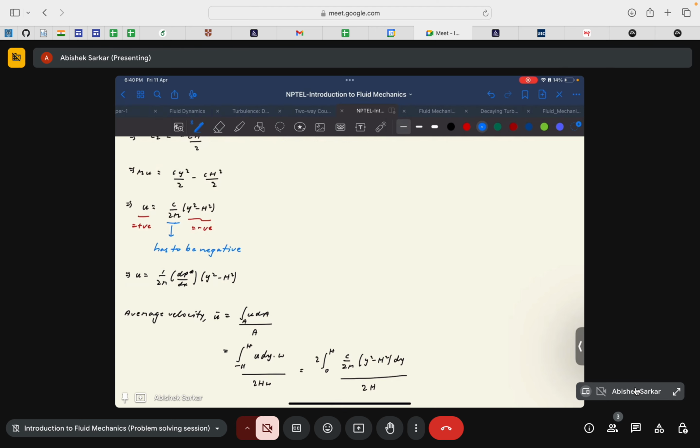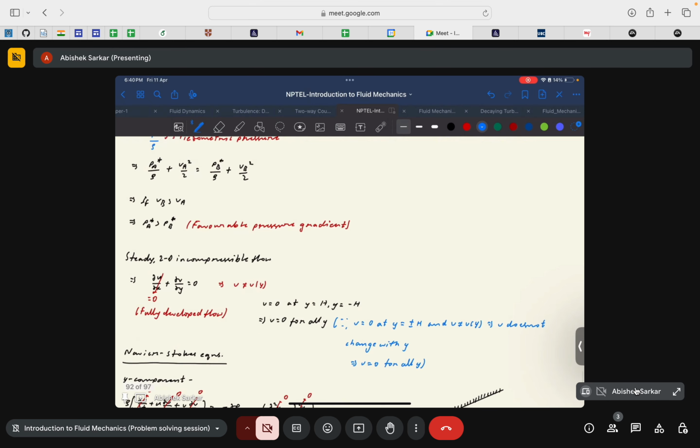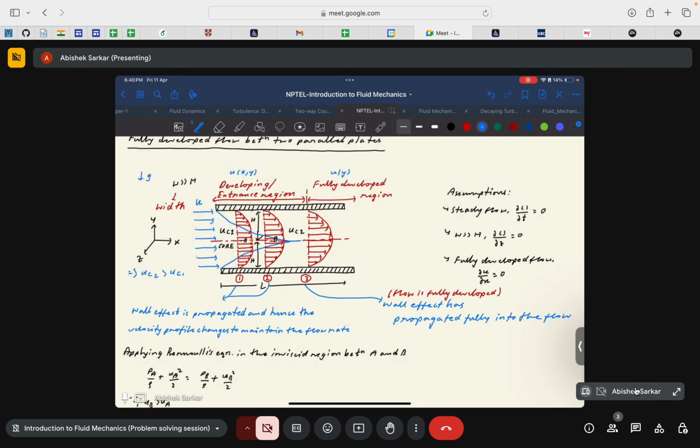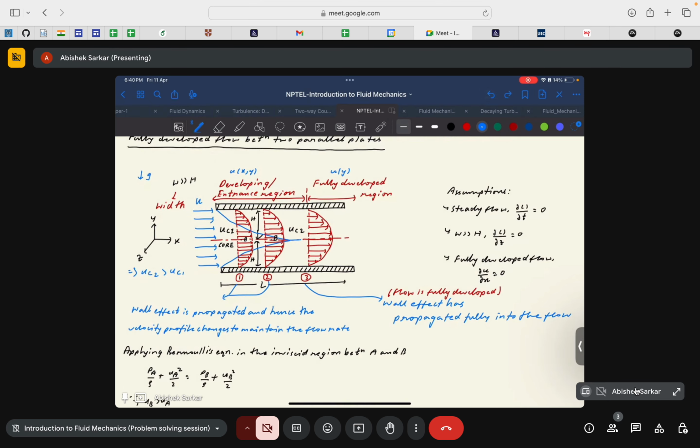And if you look into the geometry, let me go back again, this y square minus h square can at max be equal to 0, or it will always be negative, because if we are dealing with y somewhere here, then y is less than h, so y square minus h square will always be negative.